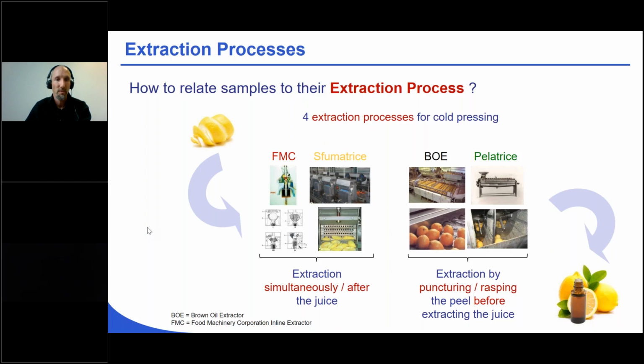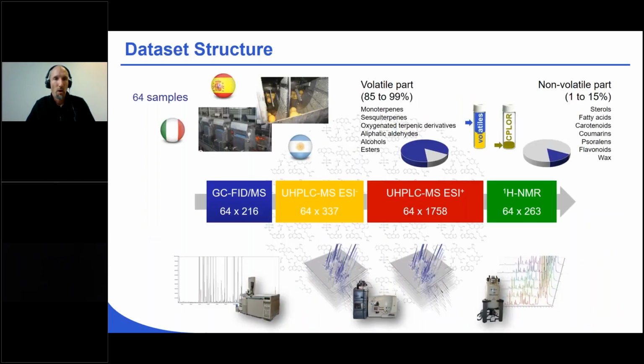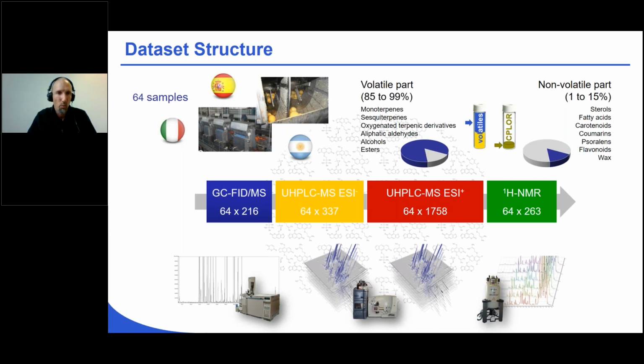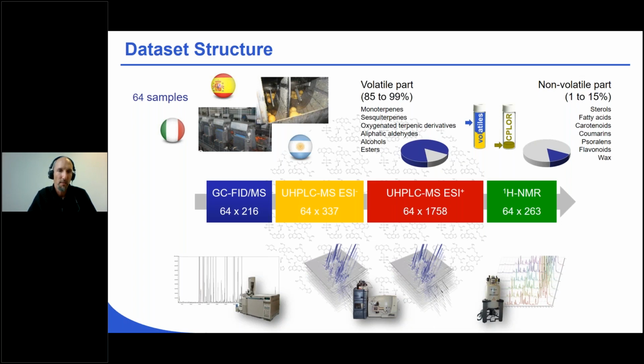So to assess this chemical composition, we used different analytical techniques. You can see that thanks to the team we succeeded to gather in Geneva, we were able to measure the 64 samples of the data set with the GC-FID and mass spec.